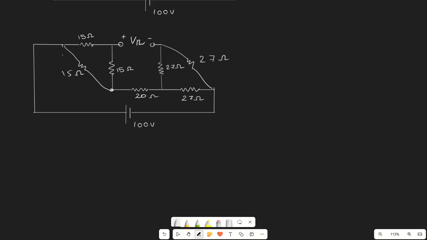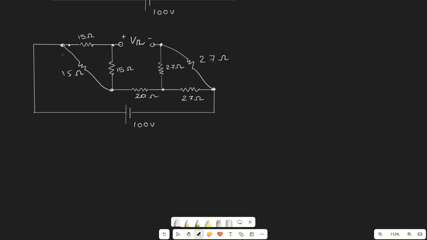Now the circuit is slightly reduced and there is no change in the current or any conditions. If we look at it thoroughly, this is in the shape of a star, and this is also, sorry, in the shape of a delta, a triangular shape. It is still slightly difficult to determine the equivalent resistance because we do not have any series or parallel connections here.